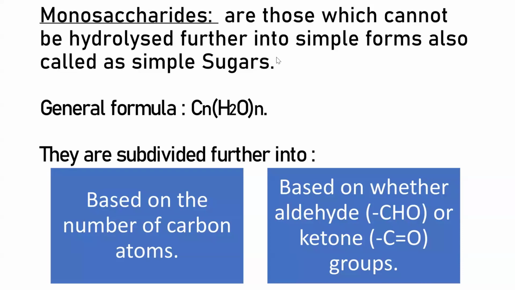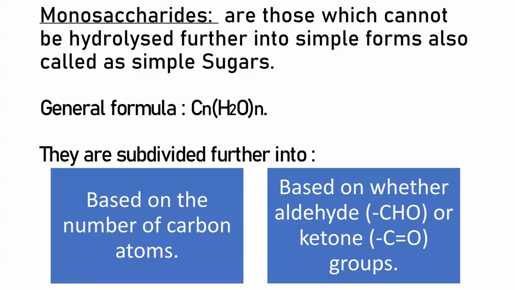And remember, we said that simple sugars, which are also considered monosaccharides, are the class of sugars that cannot be further hydrolyzed into simpler units. So those types of sugar are called monosaccharides, or in other terms, simple sugars.